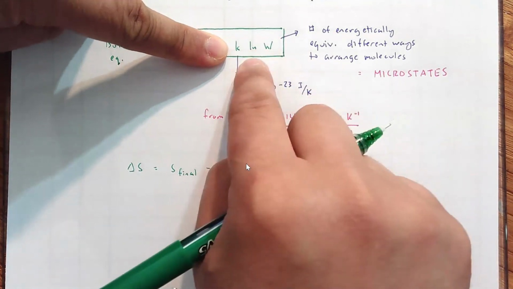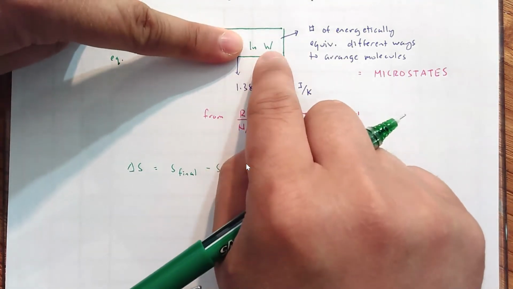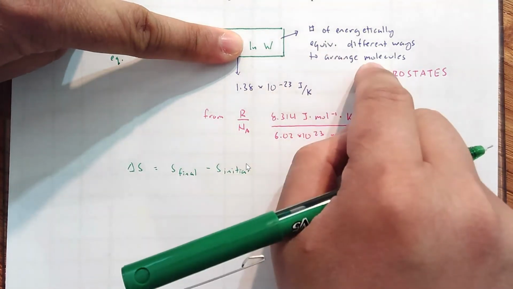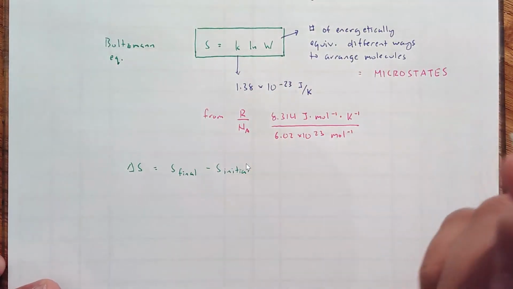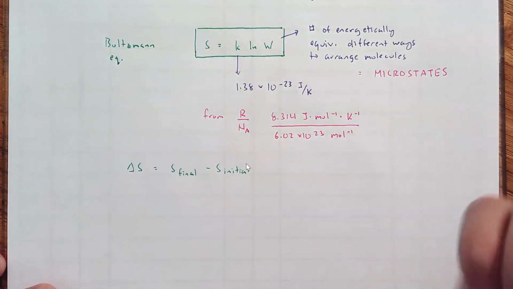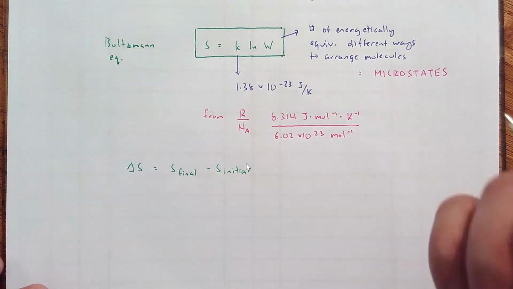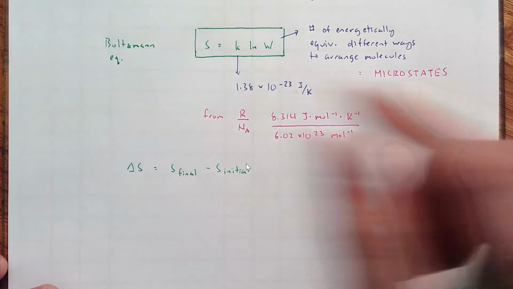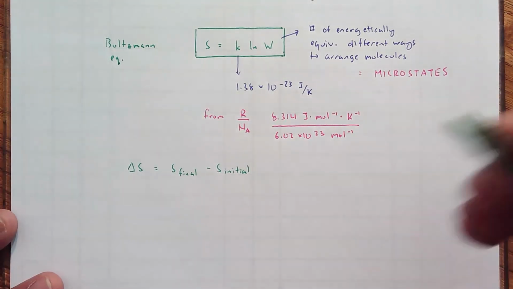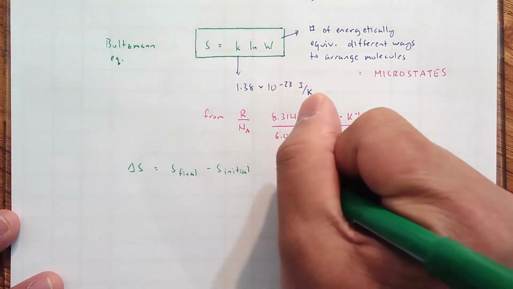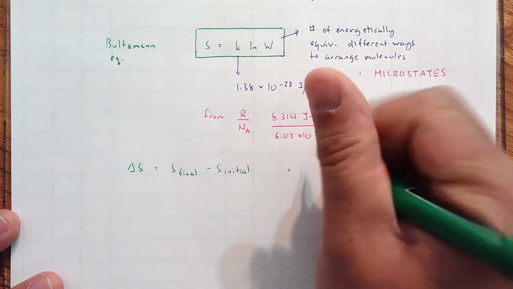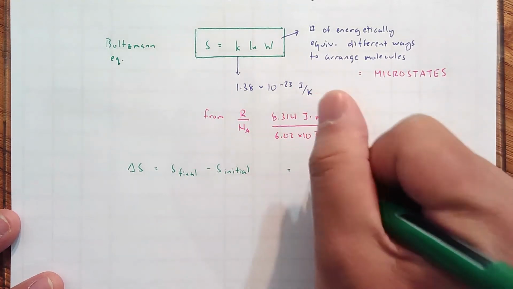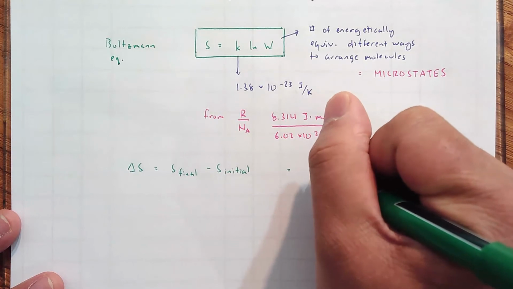When we rearrange that, remember when you take ln of something minus ln of something, it's really the ln of that value divided by the initial value. Let me just write it down. This should make a lot of sense for those of you who are strong in math.